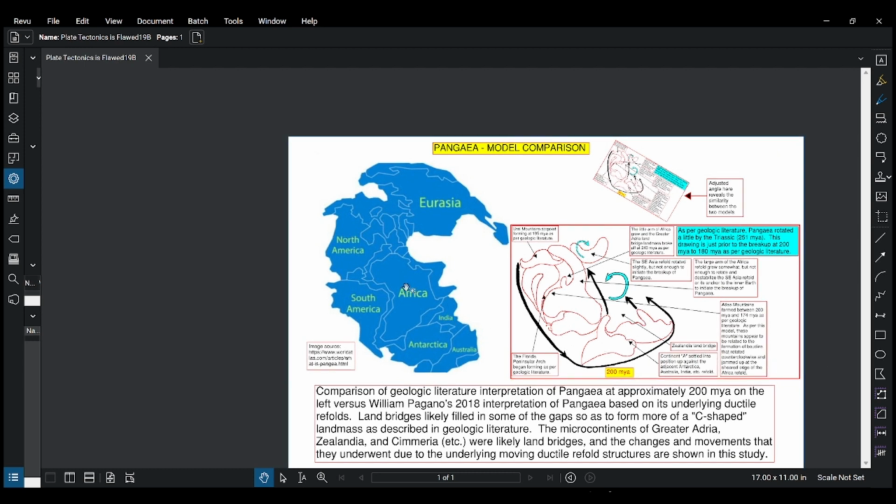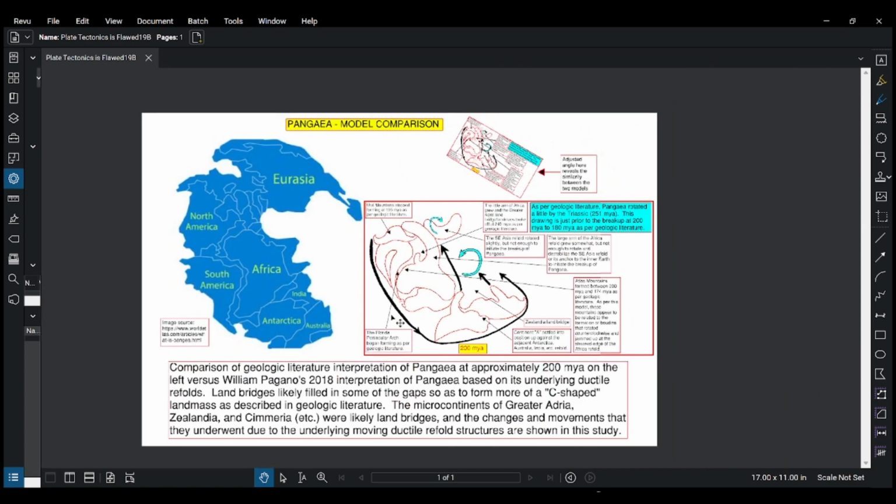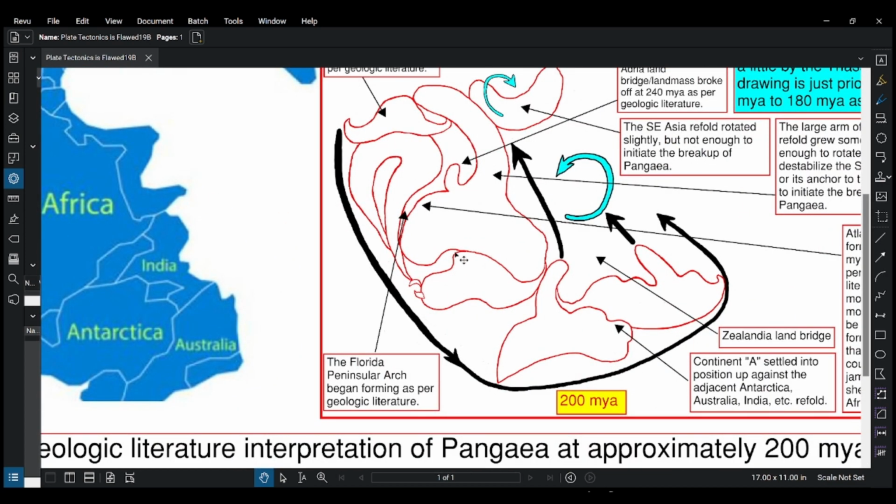There's no arms on the brittle published model here on the left. Okay, so the shape is identical. Again, continent A is the only difference. Ductile features such as the arms and bending features are on my model. The Boudins are here that came out of South America.